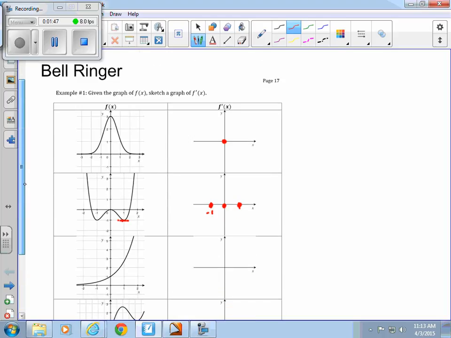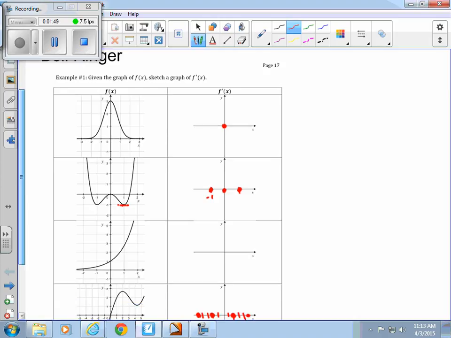Okay, so let's go back and now kind of figure out what the derivative looks like. What's the slope here? It's really, really low positive number. Really, really close to 0, but a positive number. Does everyone agree? And then it is increasing, right?